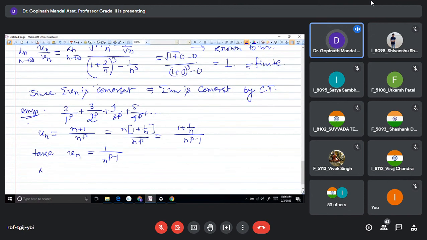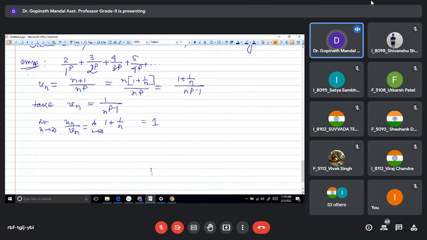Now limit n tending to infinity of un by Vn is equal to 1 by n to the power p cancel, and this is 1 by n, limit n tending to infinity, this is 1. That means both are convergent or divergent together.